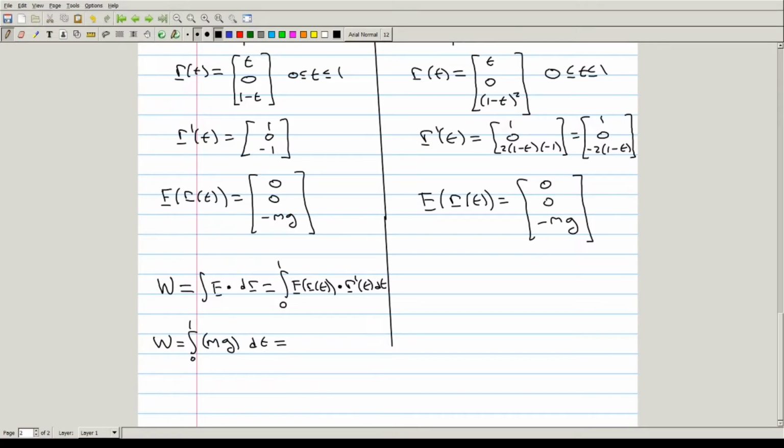And this is mg, the integral of 1 dt is equal to t from 0 to 1. So the work done in this case is just m times g. This is the work done on path 1.